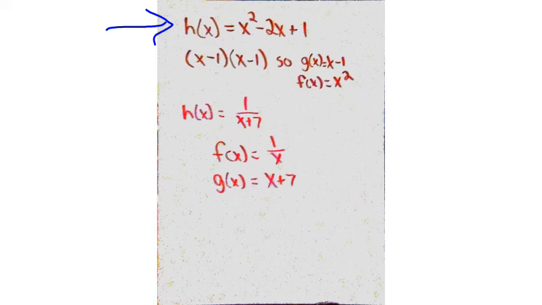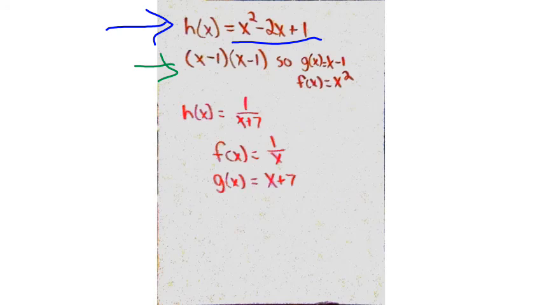If I focus on this for a few seconds, I can see that x squared minus 2x plus 1 is in fact factorable, and I can factor it into x minus 1 times x minus 1. If you FOIL that back, we get x squared minus 2x plus 1.